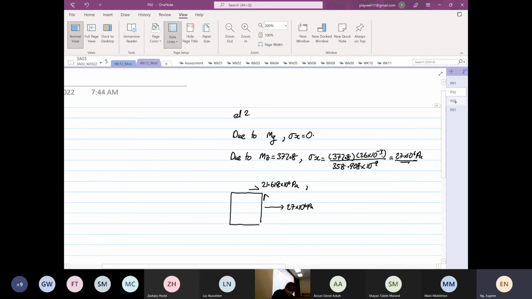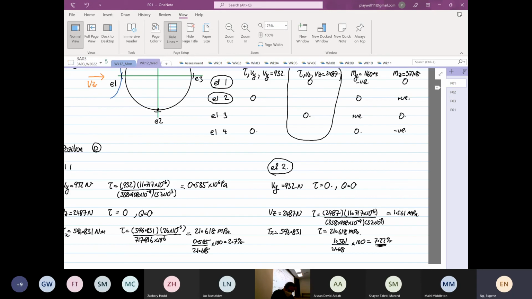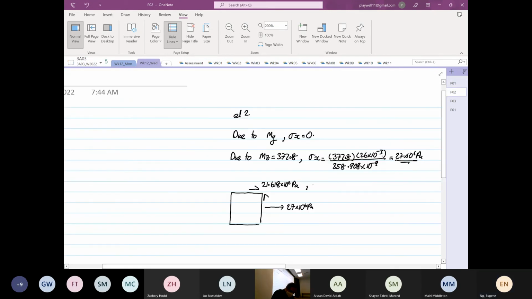And the other one will be equal to 21.618 plus 1.561. The first is due to the torque, and the second is due to the shear force. So we are going to compare if we include the stresses induced by the shear force.